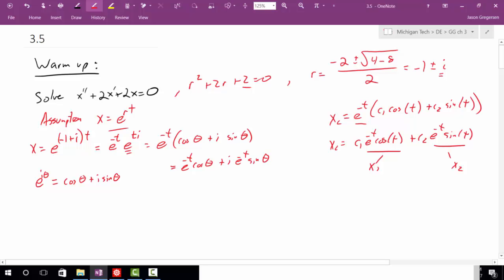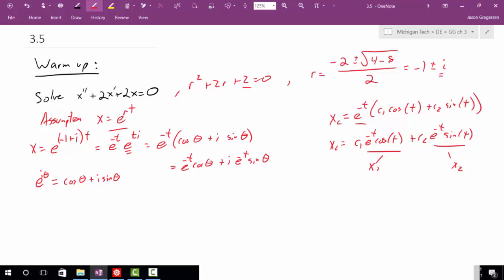And the point is that if we just plug this thing in and get our solution looks like that and compare it to our other solution, it basically looks like we took this guy and we said, okay, the real part of that result is a valid solution. The imaginary part is also a valid solution. And they're linearly independent, so I could really just use those to form my general solution.